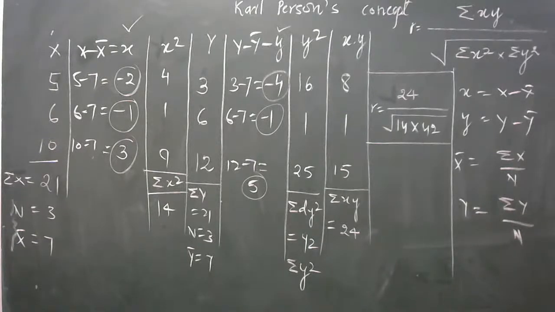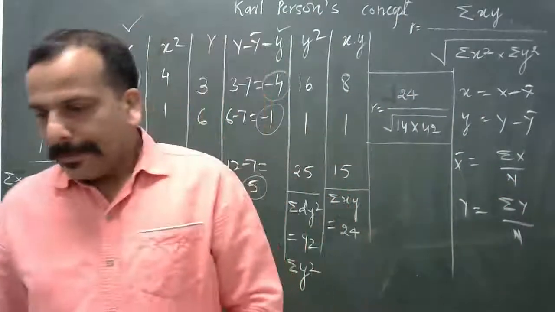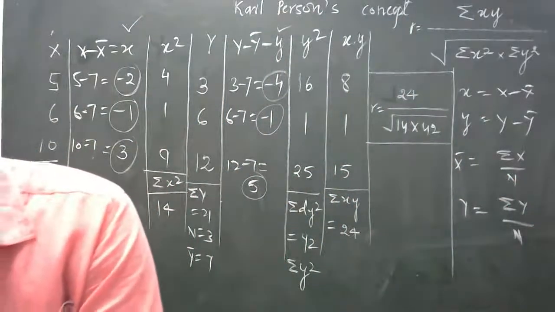Up to 2 decimal point, 0.98. If you calculate up to 1 decimal point, it will be 0.9 and up to 2 decimal point 0.98. Okay. So all of you are getting the same answer.